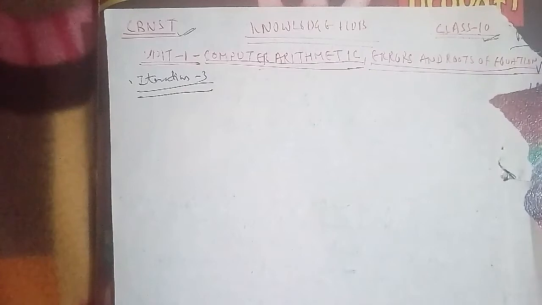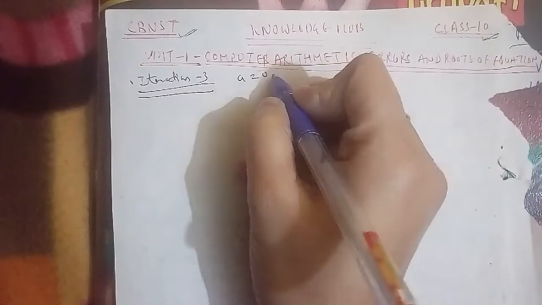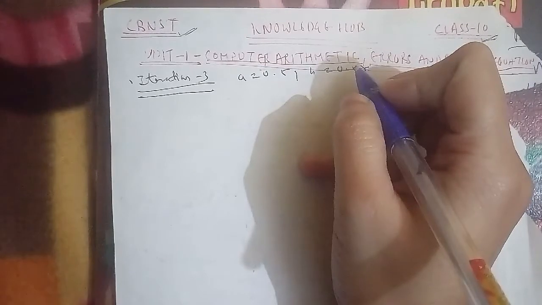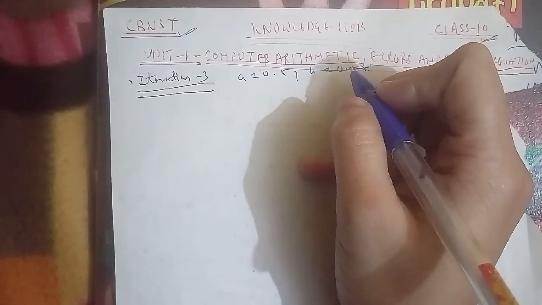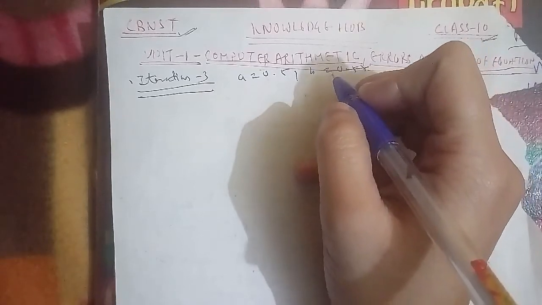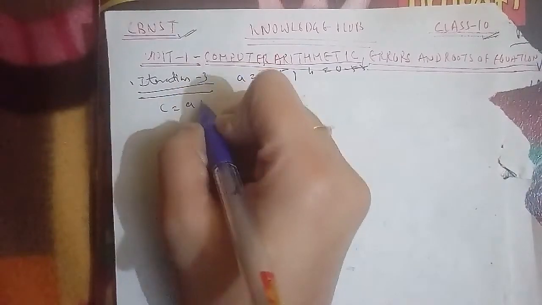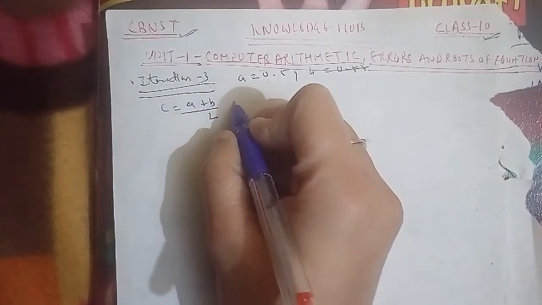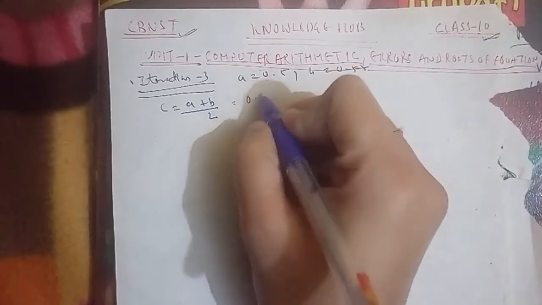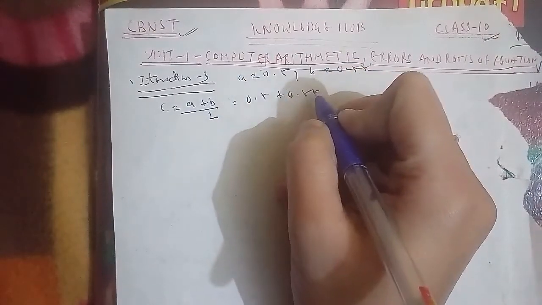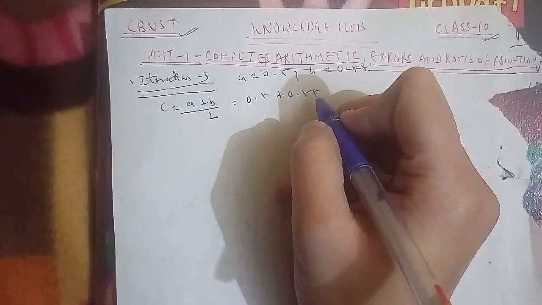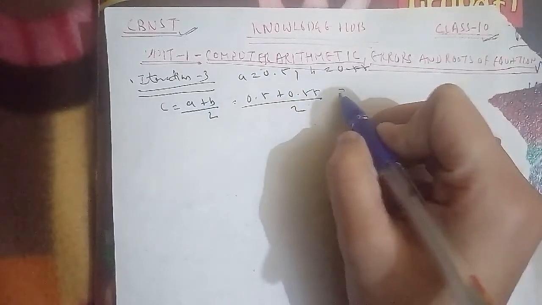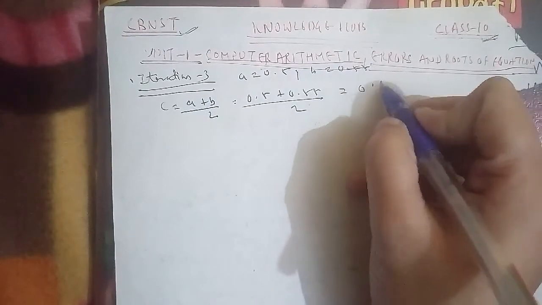The new interval is a equals 0.5, b equals 0.55. In the same way, we put the value c equals (a plus b) by 2, so 0.5 plus 0.55 upon 2, which equals 0.525.